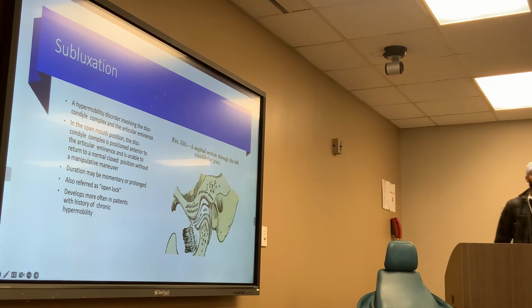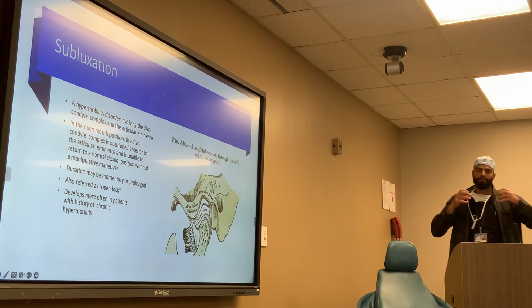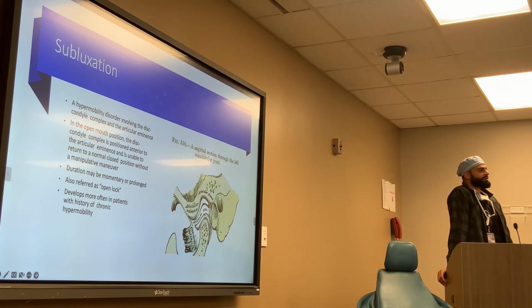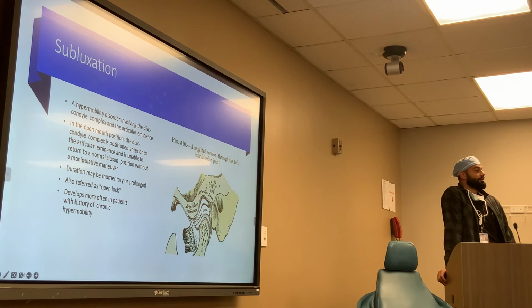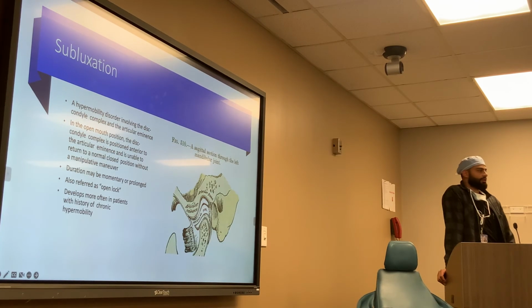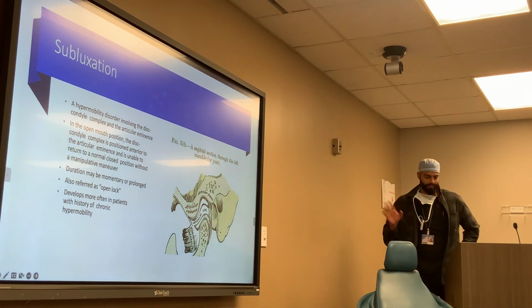You have an extreme, very hypermobile, very open jaw, and not able to close back. Has Dr. J talked to you guys about this before or no? Because there's always a little story he has behind it. Okay, gotcha. Then I'm not going to go over that.